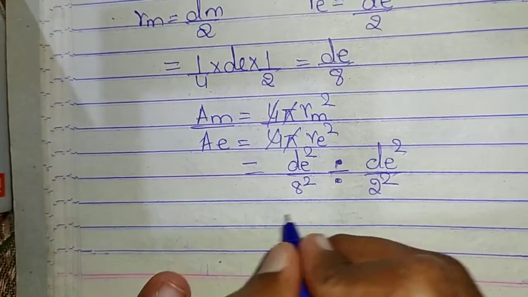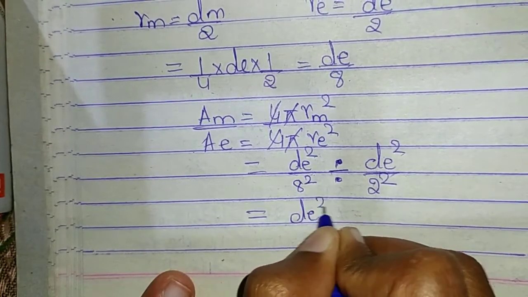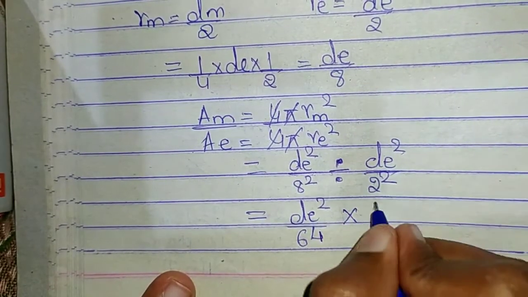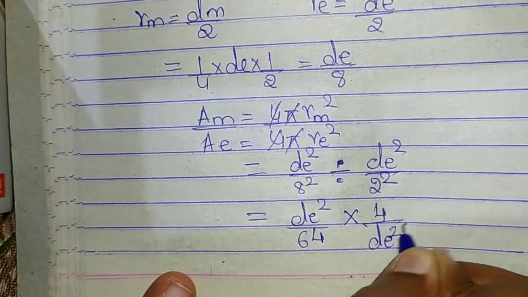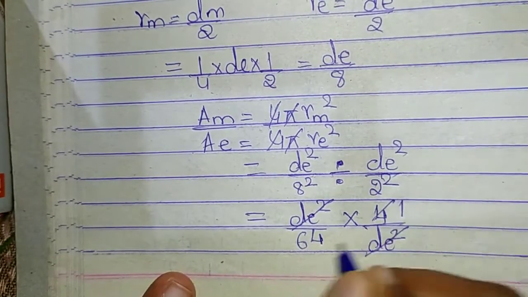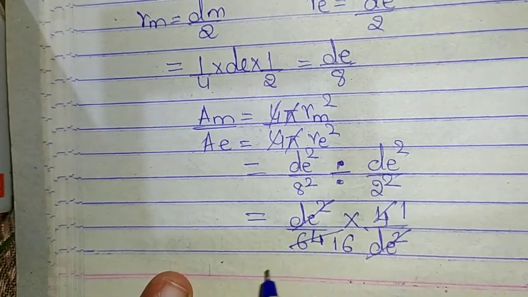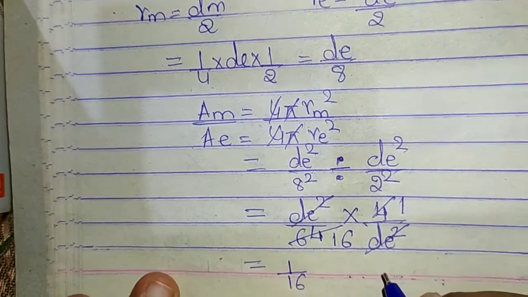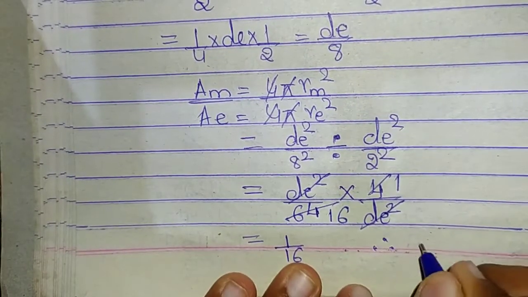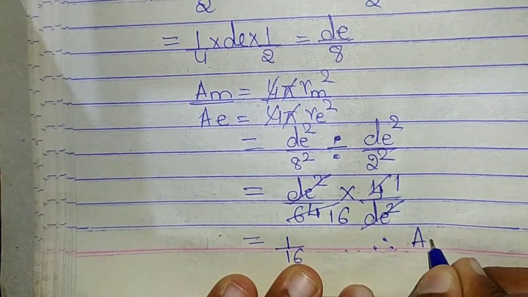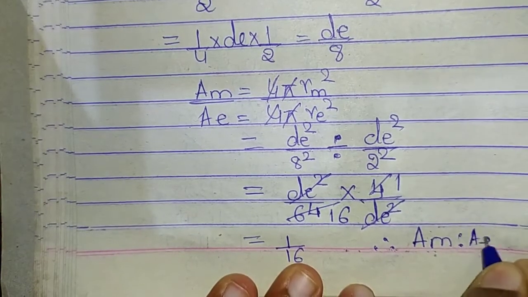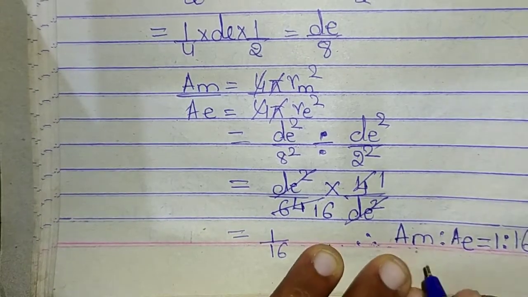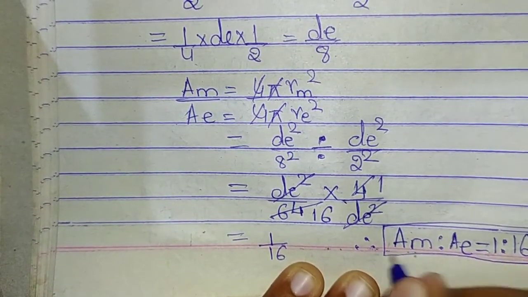This gives DE square by 64 into the reciprocal, 4 by DE square. DE square cancels, and 4 by 64 is 1 by 16. Therefore the area of the moon to the area of the earth is 1:16. This is the required ratio.